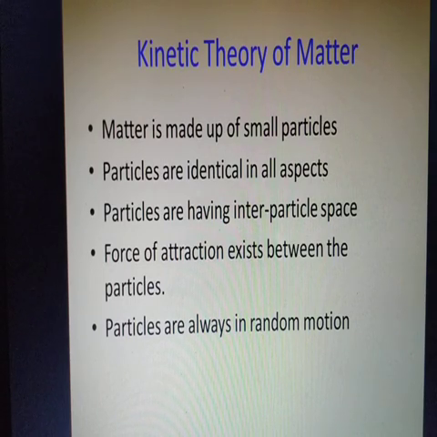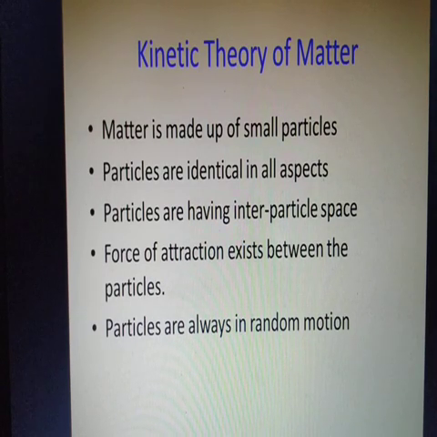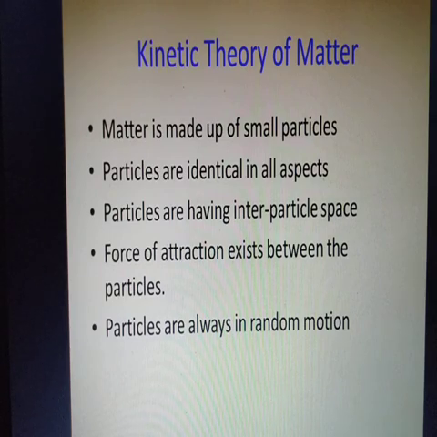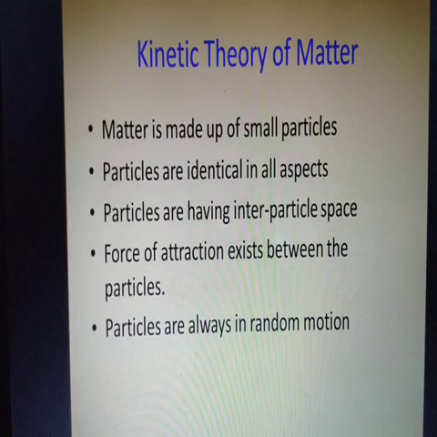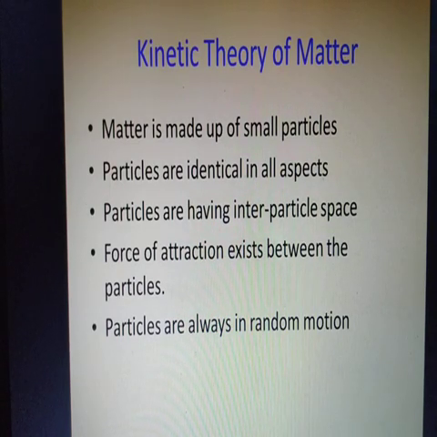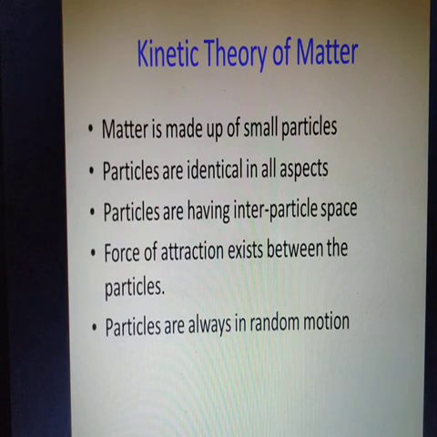And what are the prime features and prime points of the kinetic theory of matter? Based on those features of matter, that has laid the foundation stone of the kinetic theory of matter.